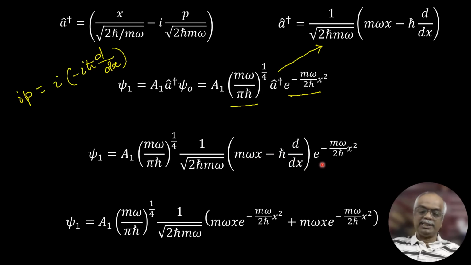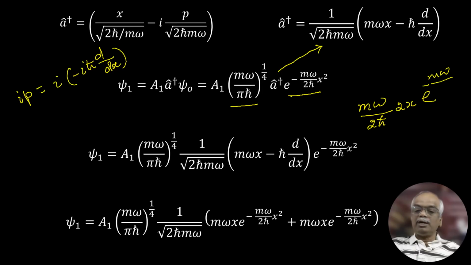Of this exponential term. What will happen if you differentiate this exponential term with respect to x? This argument will become m omega over 2 h cross, and there is x squared, so this will become 2x, then multiplied by this exponential term, that is minus m omega over 2 h cross x squared. Here you can see this 2 will get cancelled, and this h cross will get cancelled with this h cross.